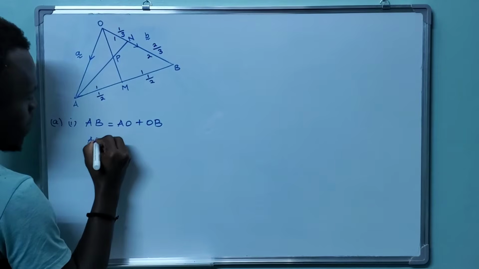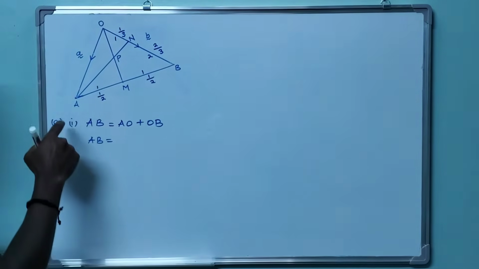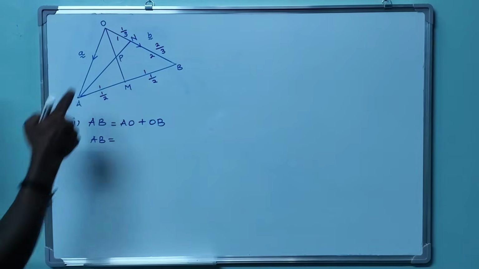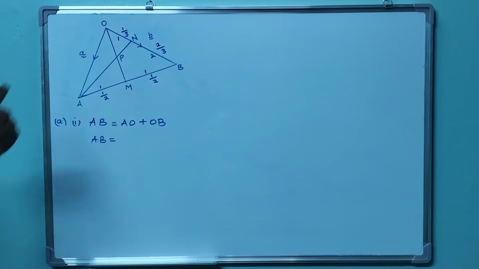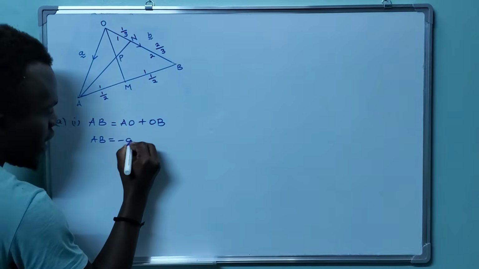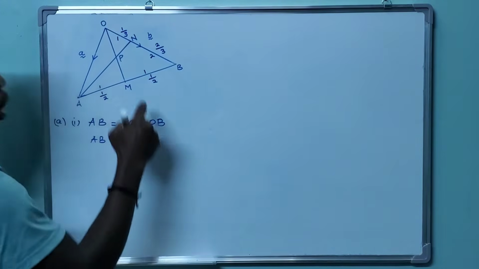My AB is going to be AO, because I'm moving against the direction of the vector. If you're moving against the direction of the vector, it is going to be negative. So OA is going to be negative vector A plus OB.